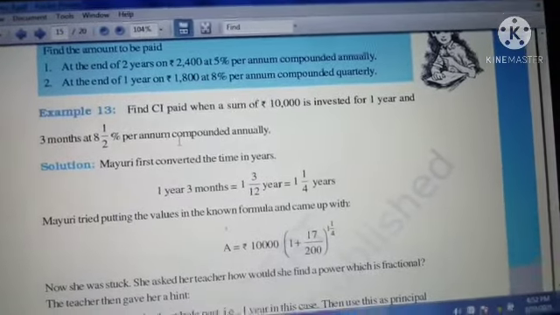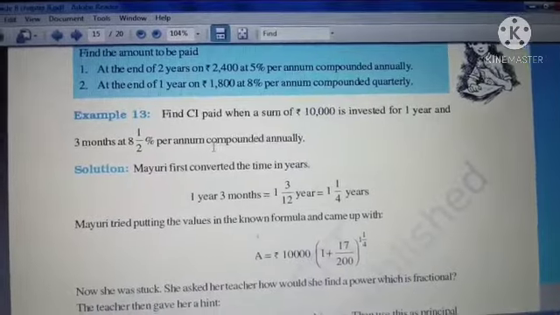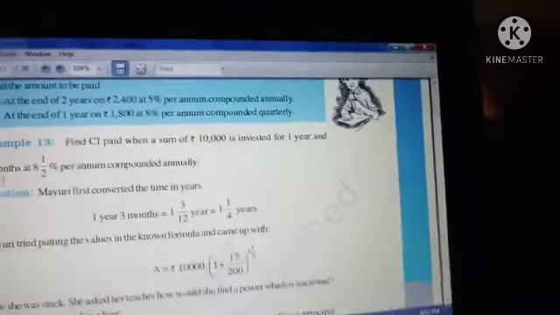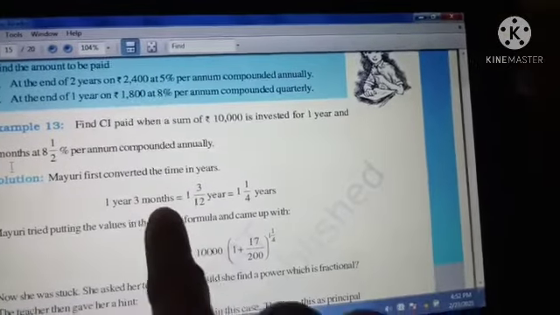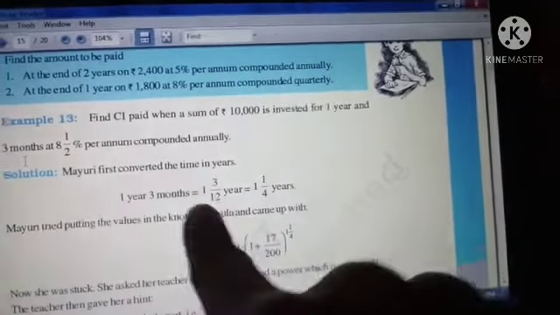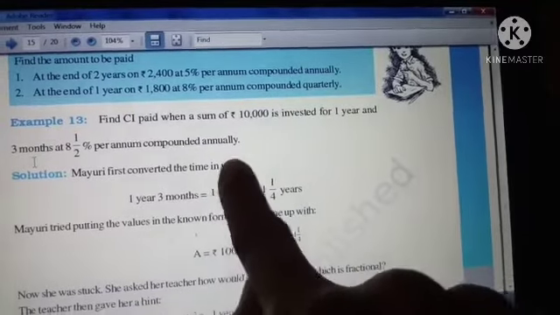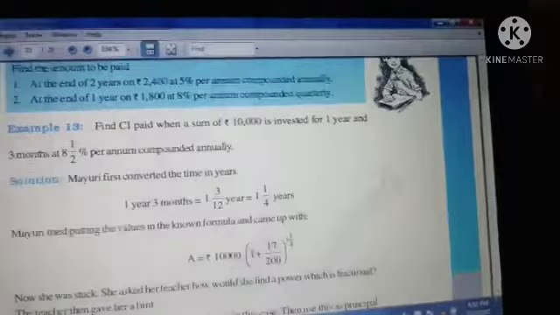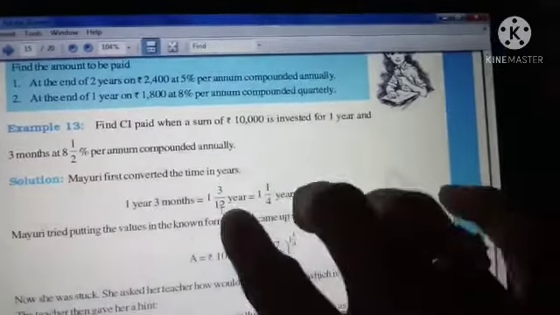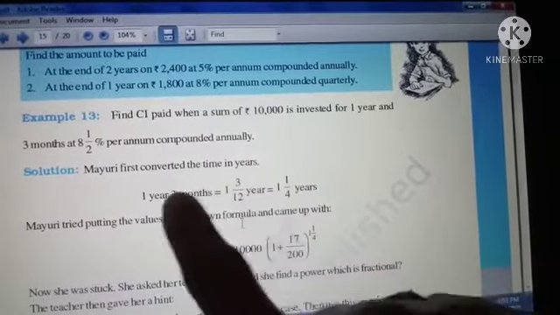Amount formula is what? Amount is equal to P of 1 plus R by 100, the whole power n. So first you have n. n is 1 year 3 months. 1 year means 1 year, and 3 months means out of 12 months it is 3 months. 12 months is 1 year, and in this 12 months, 3 is the meaning.